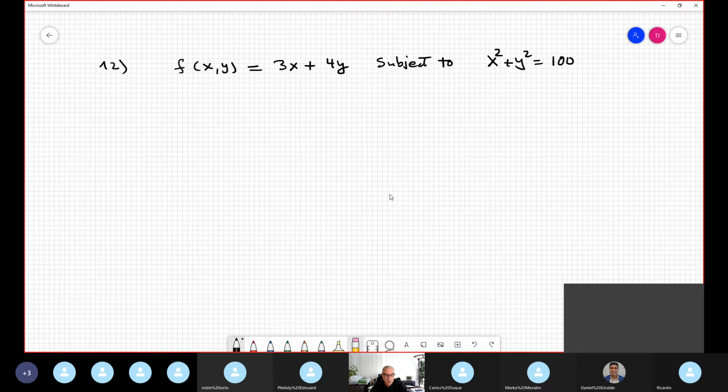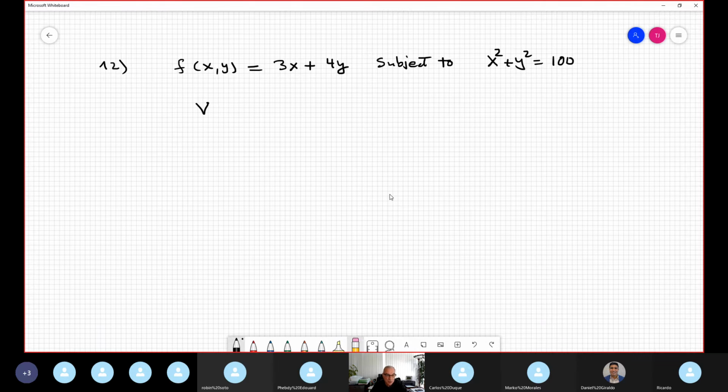Okay, now let's compare, as always, with the Lagrange multiplier format. It's almost ready. The gradient of this function is 3 and 4. Remember, the partial derivatives are constants because it's a plane, a flat surface, and the rate of change is constant.